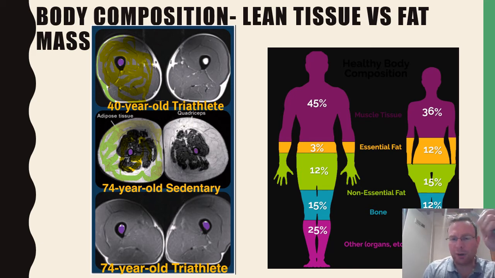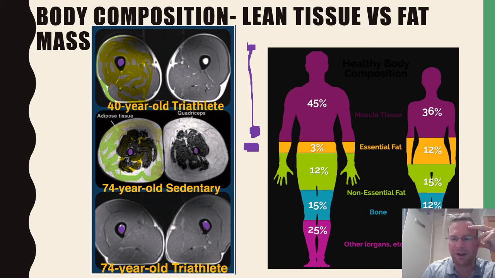So our healthy body composition, if we go to this right hand side, on the top here we've got about 45% muscle, 3% essential fat. So this is fat held within our body. This could be in our central nervous system. It insulates nerves and the like. Lots of cell membranes have got a little bit of fat in them.